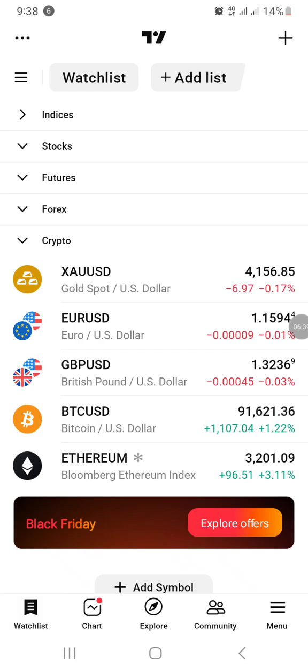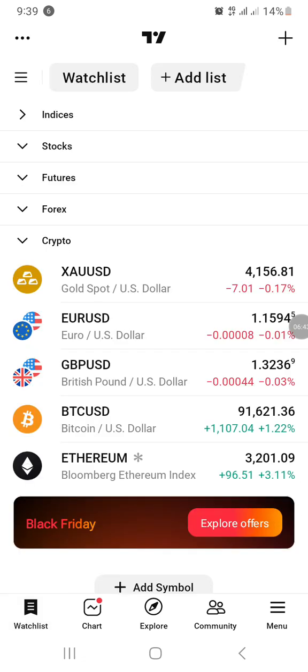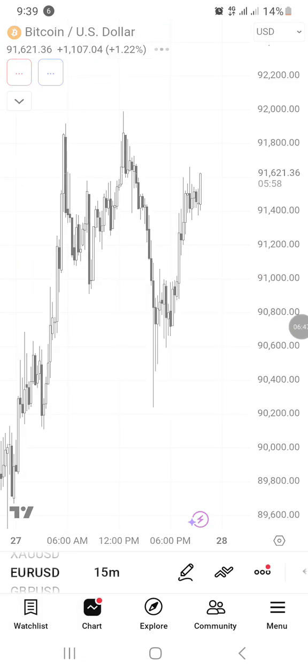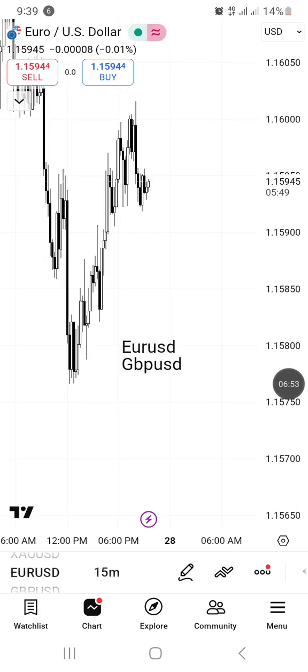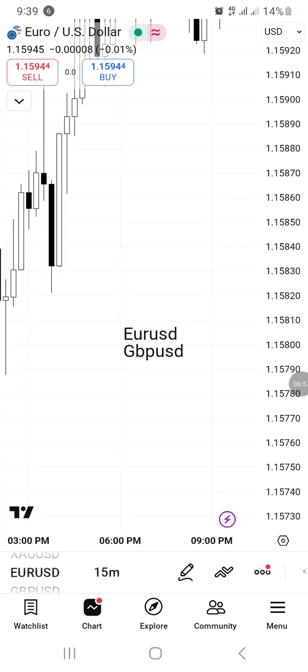So let me go back to the Euro USD. So this is Euro USD. If Euro USD is buying, it means that the Euro is strengthening relative to the US dollar.